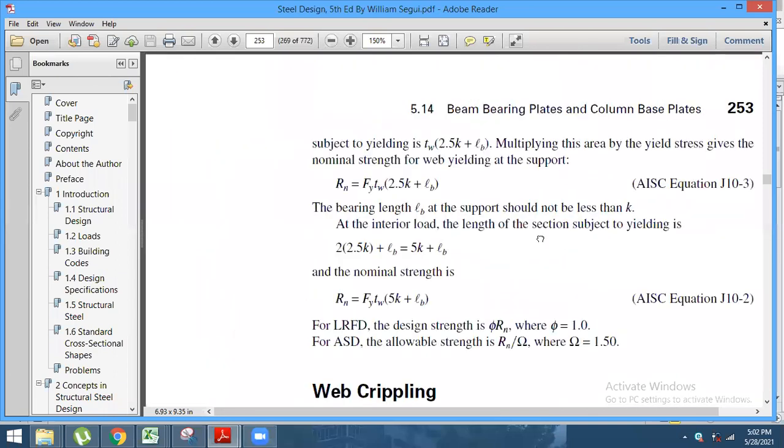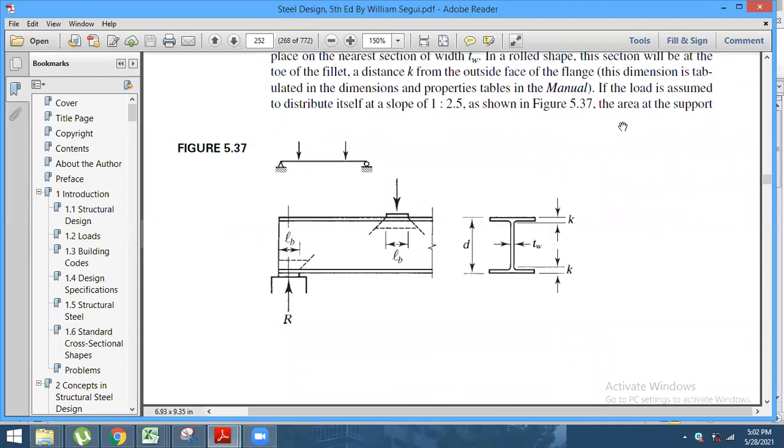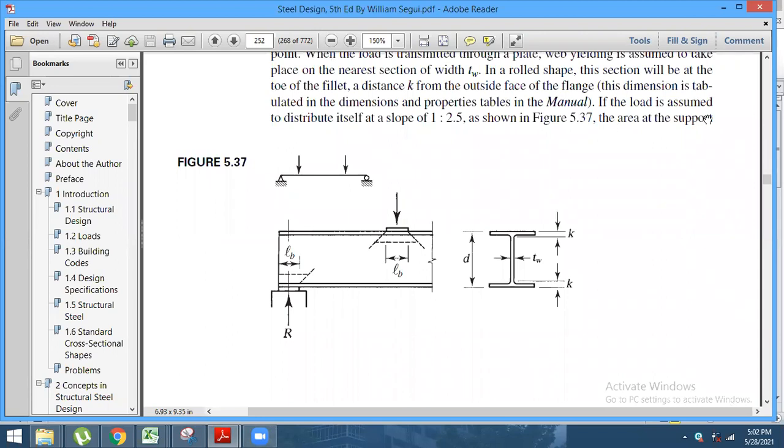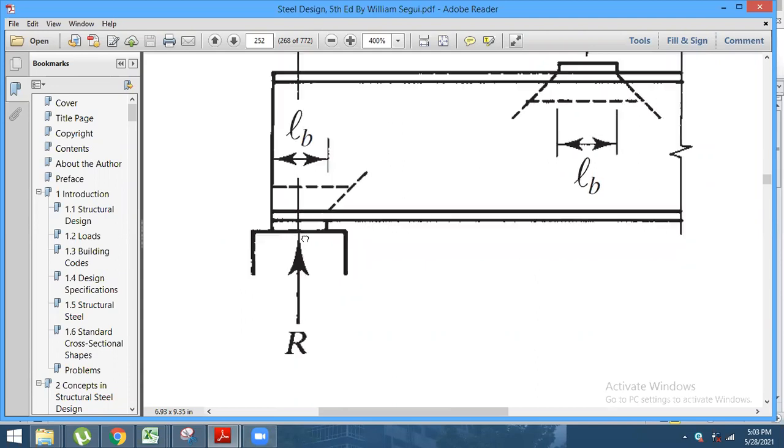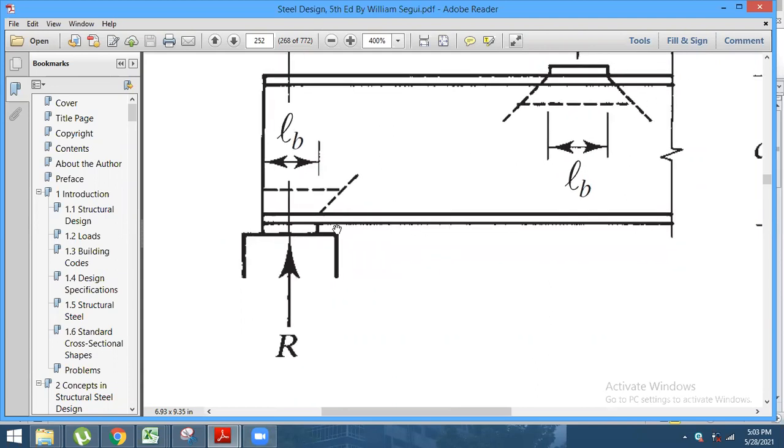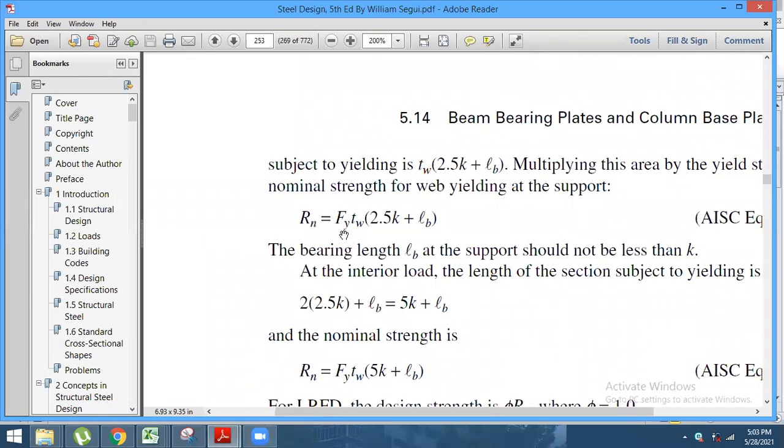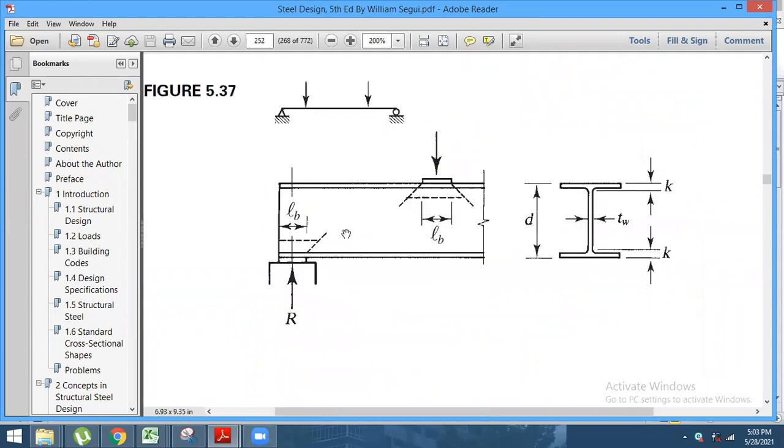Okay, now, for checking, sabi niya dito, the area, the support, if the load is assumed to distribute itself, assume at 1 to 2.5, then the area, the support, dito guys, stress equals force over area lamang siya. So, stress will be the Fy natin, yung allowable stress natin sa Fy.